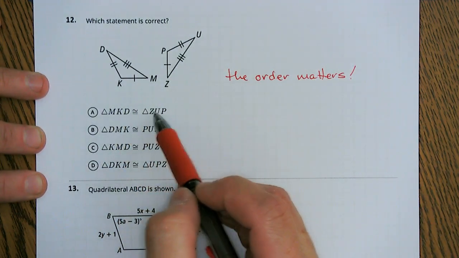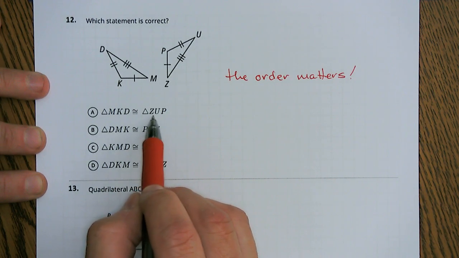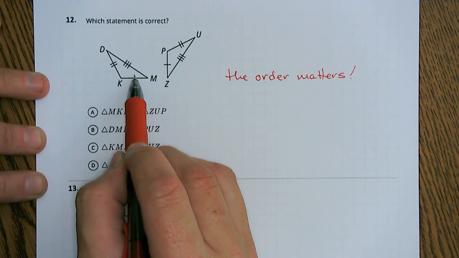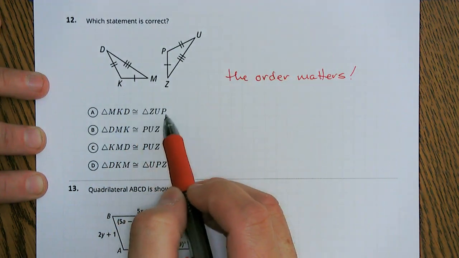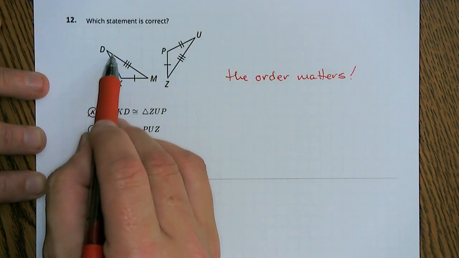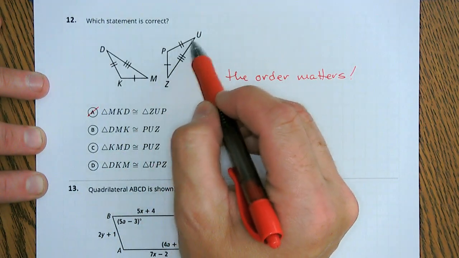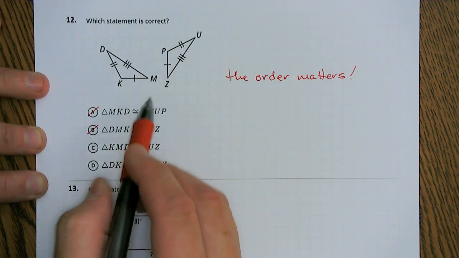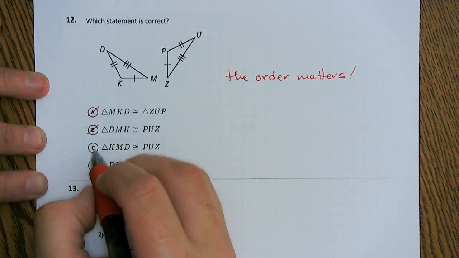Well, MK would have to be congruent to ZU. Well, MK has 1 on there, ZU has 3. Because the order matters, it can't be A. DM has 3 here, PU has 2. Can't be B. KM has 1, PU has 2.